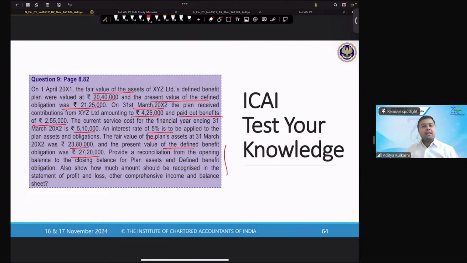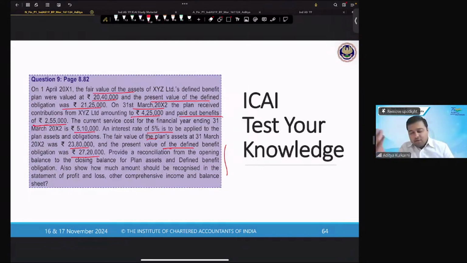It will be reduced from both places, because you are removing from the plan asset, so asset value will come down. You are paying the obligation, so obligation also will go down. Is it okay? So both answers are correct. So in the exam, write the paper combining both. Yeah. So that is it, but both of you are right.